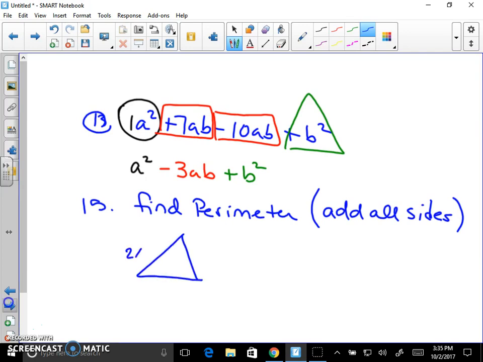And we have 2x plus 1. And we have an x over here, and then we have 3x here. So we're going to do the same thing. We're just going to combine the like terms. So we have 2x plus 1 more x plus 3x. So that's 2, 3, 6x. And then the plus 1.